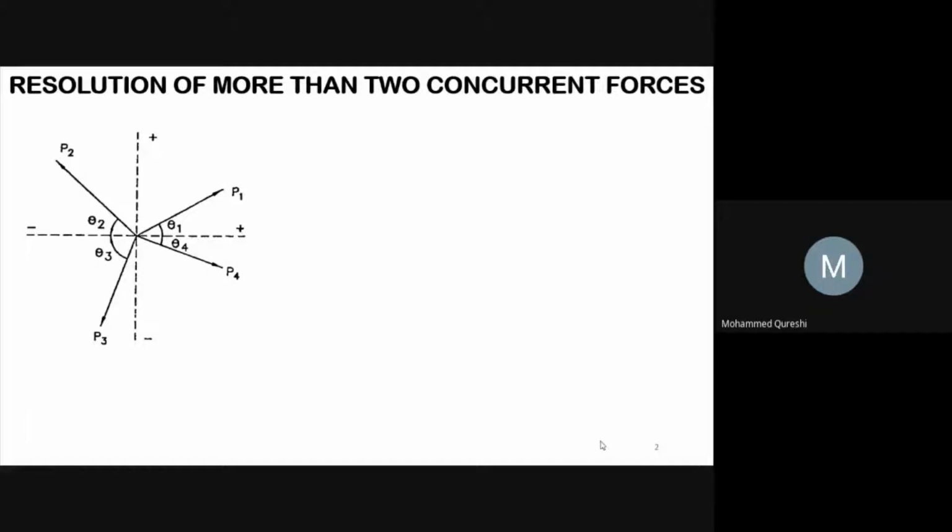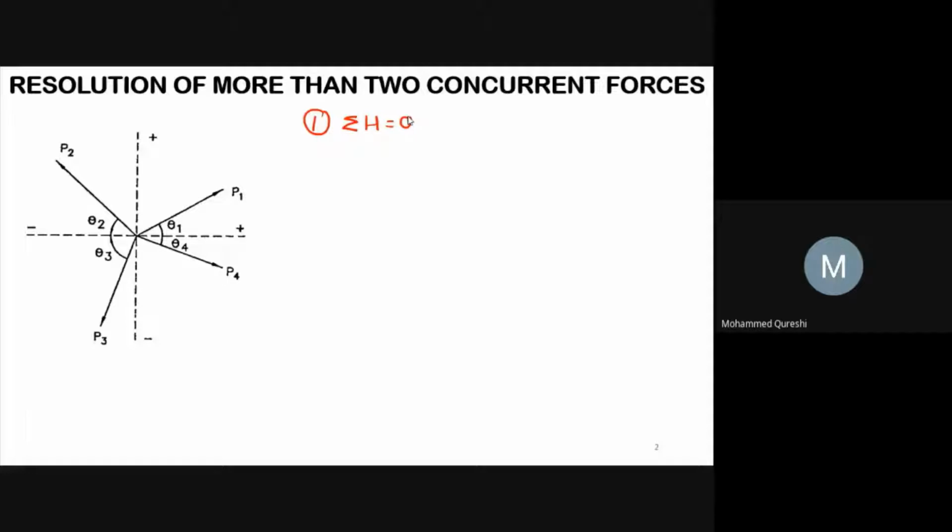So, we all know that a system of coplanar concurrent forces is said to be in equilibrium if the following conditions are satisfied. Which conditions? First of all, our first condition is sigma H equals 0. What is sigma H?